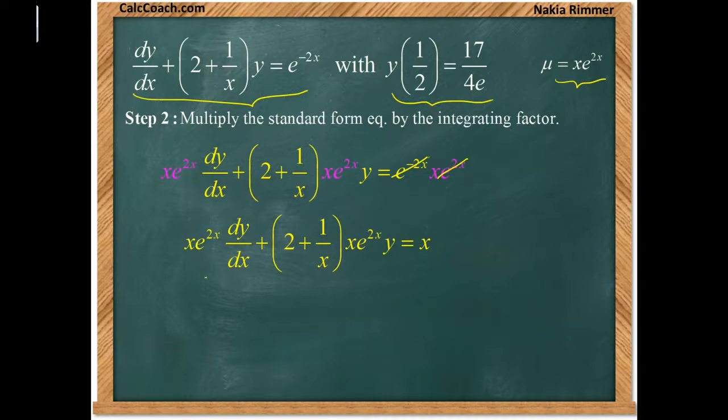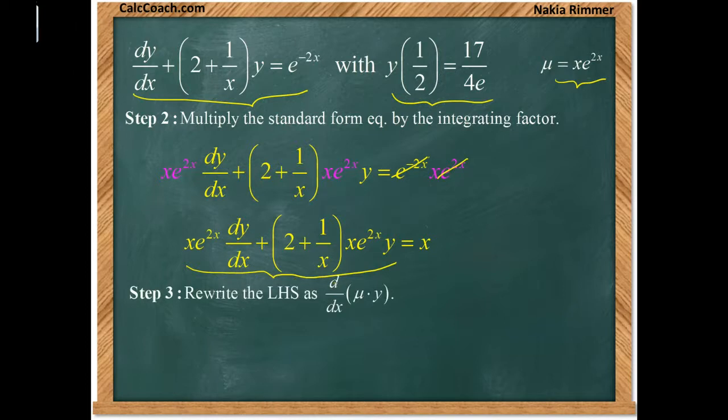The purpose of the integrating factor is, after multiplying through by it, you'll have this special left-hand side. This left-hand side is the derivative of your integrating factor times y. So the next step in the process is just to acknowledge that. Rewrite the left-hand side as d/dx of mu times y.